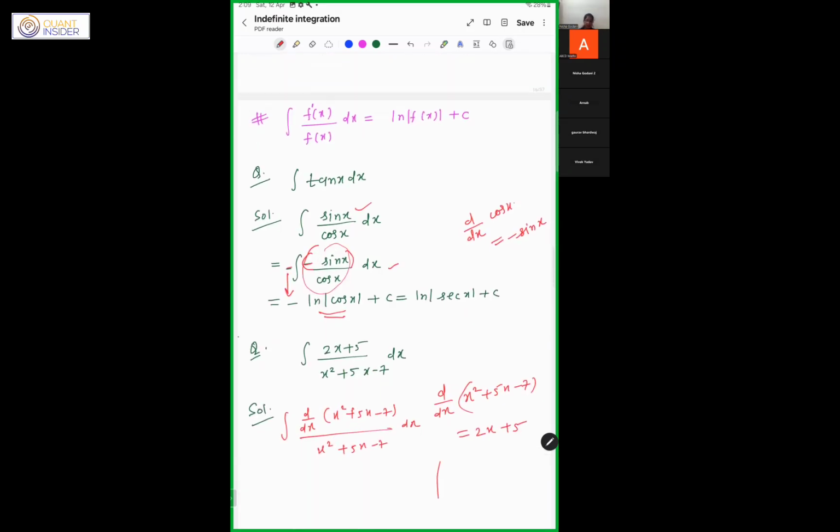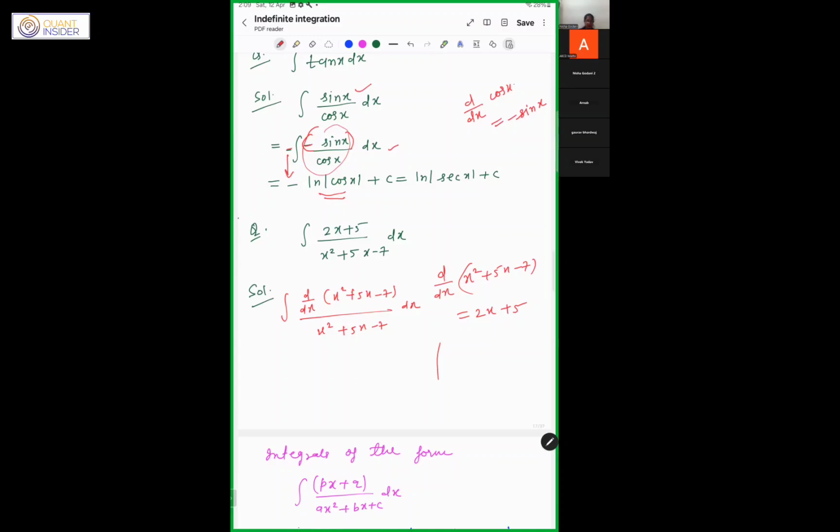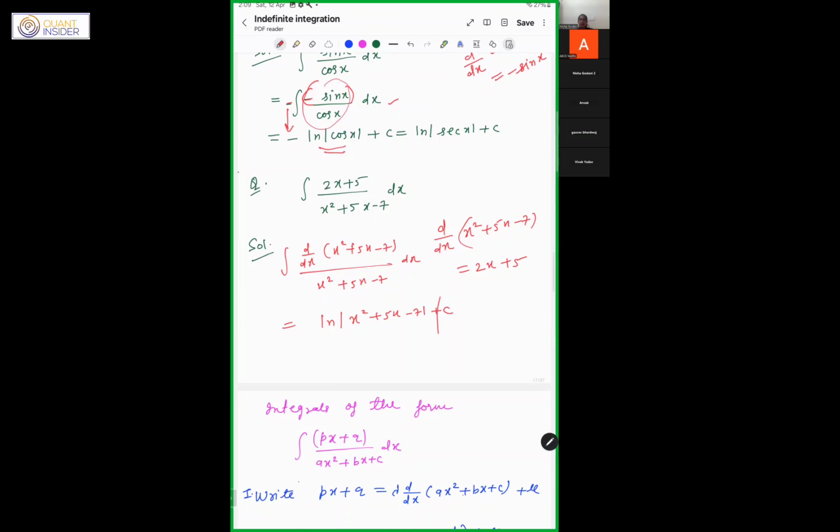So according to the formula, if the situation is like this, f dash x upon fx, this gives ln of mod fx. So the answer is ln of mod x square plus 5x minus 7 plus c. Can you do it? Are you able to understand it?